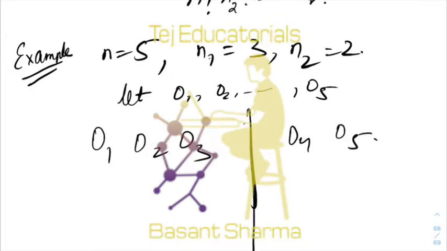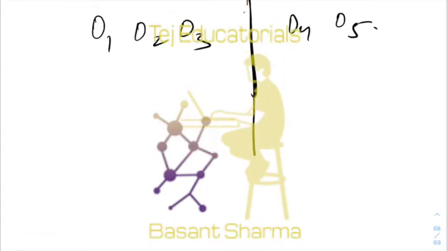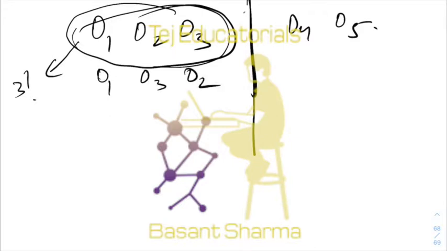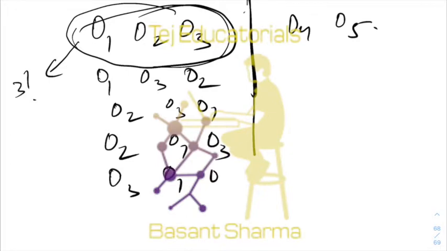Okay. Now think, you have intra permutation of these 3 elements, right? Consider the 3 factorial arrangements of these 3 elements. They are O1, O3, O2; O2, O3, O1; then O2, O1, O3; O3, O1, O2; O3, O2, O1.